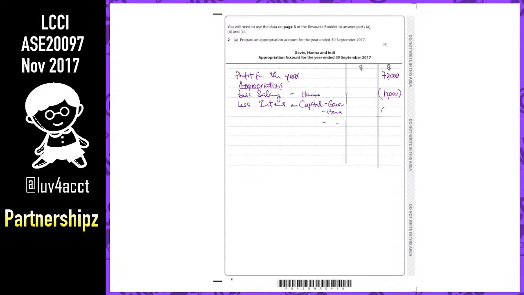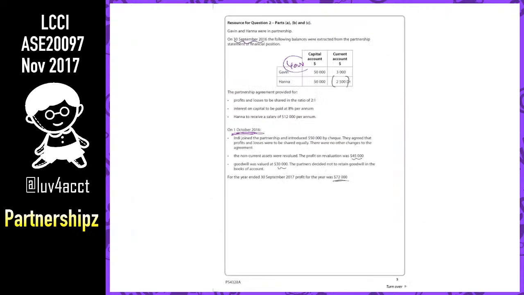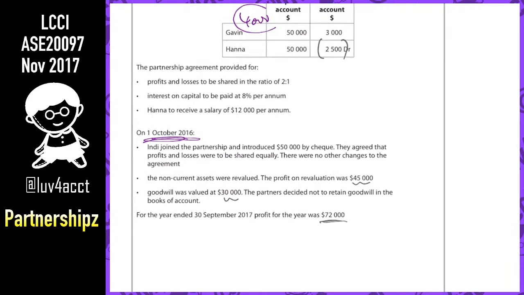And we have who? Indy. That means we have to calculate the change in the profit, the change in capital. So Gavin originally 50,000, Hannah 50,000.